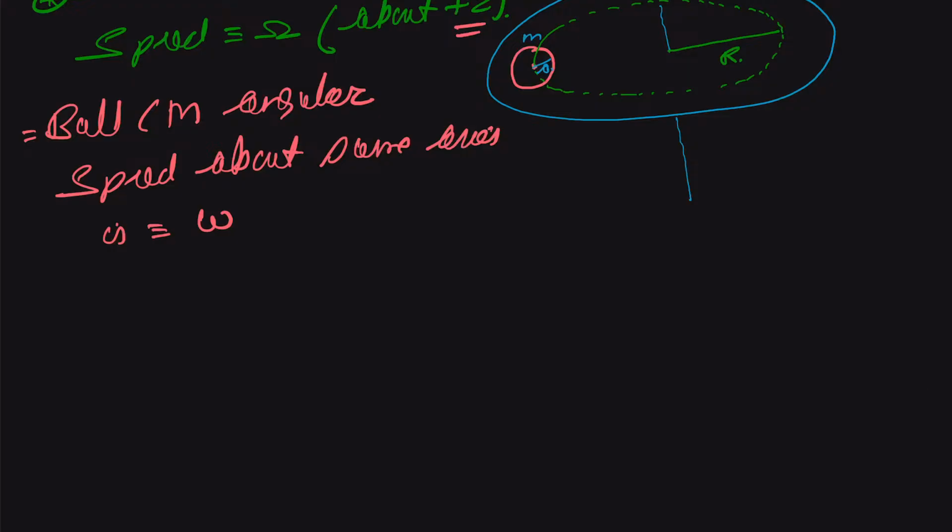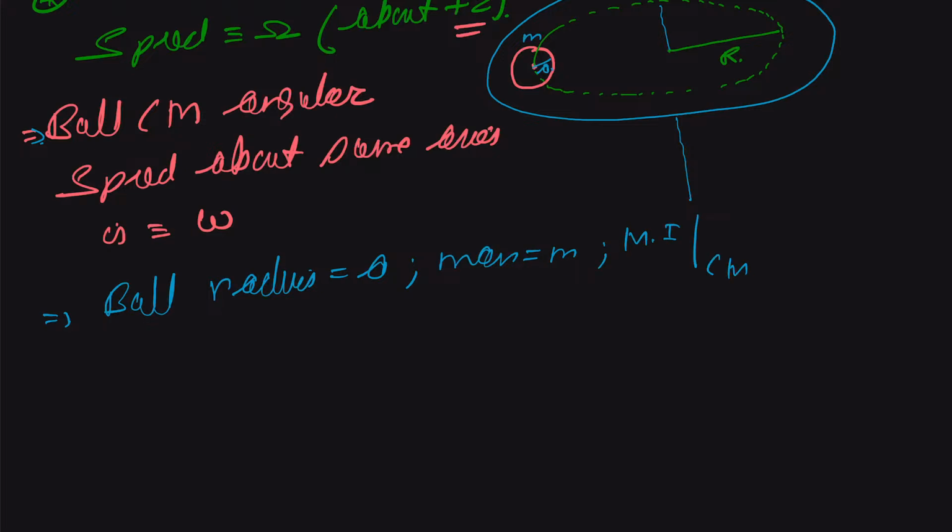We also say that the ball has a radius of a, its mass is m, and the moment of inertia about its center of mass is given as I.